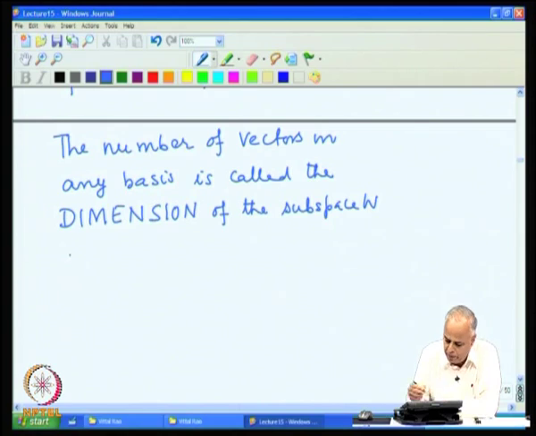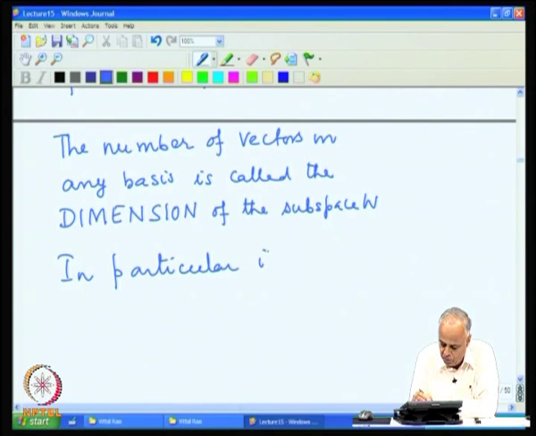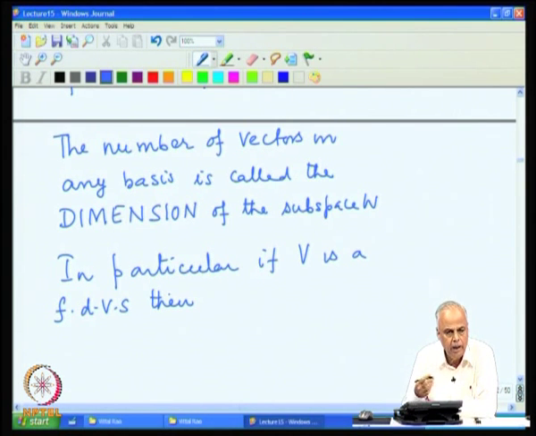Let us make it even more specific. In particular, if V is itself a finite dimensional vector space, then any two bases will have the same number of vectors.